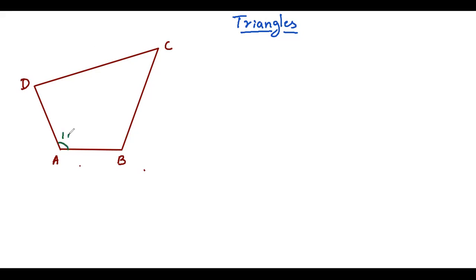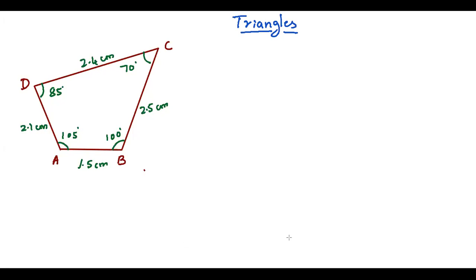Let's say this angle is 105 degrees, this is 100 degrees, this is 70 degrees, and this is 85 degrees. AB is 1.5 centimeter, BC is 2.5 centimeter, CD is 2.4 centimeter, and DA is 2.1 centimeter.